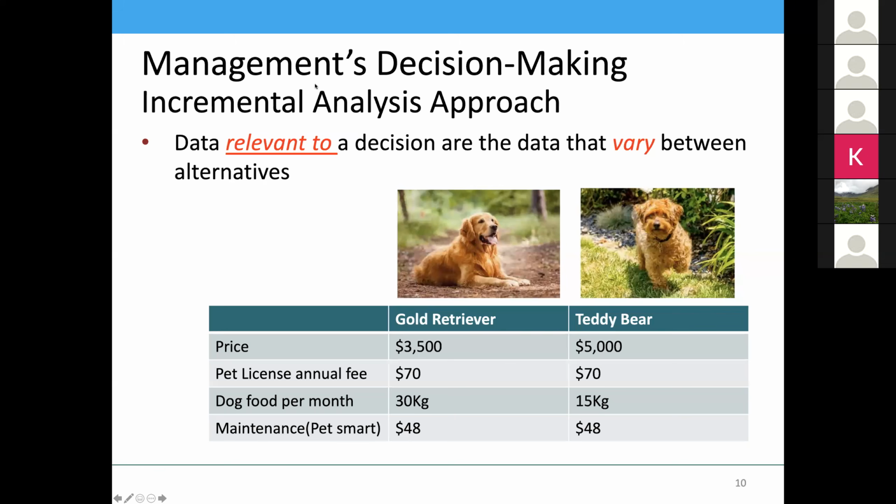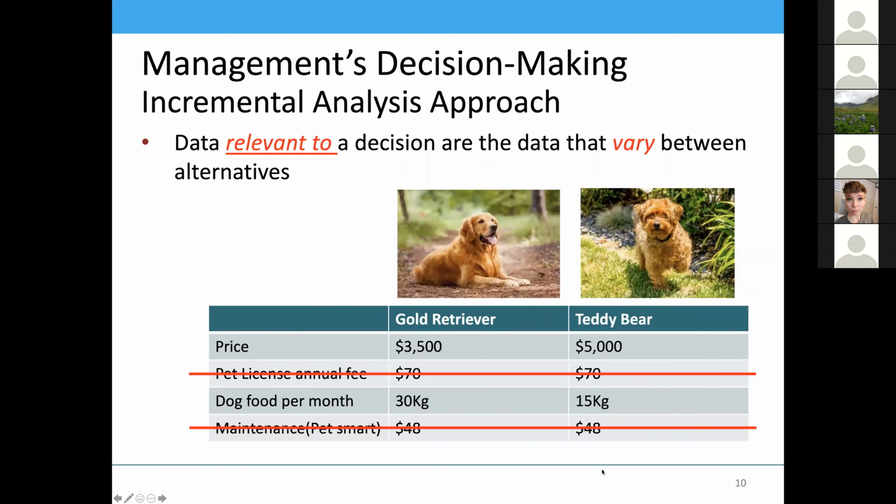The whole idea is that when we use the incremental analysis approach, only the data that varies between the alternatives is relevant. It costs the same for licensing and maintenance, so why would you care about this? You just cross them out.